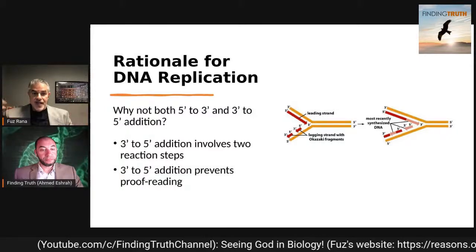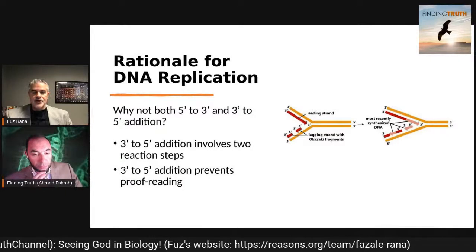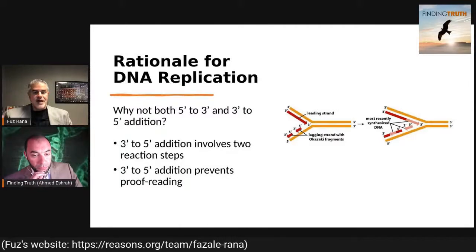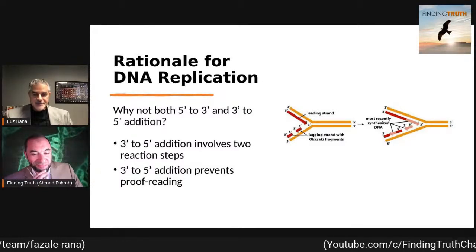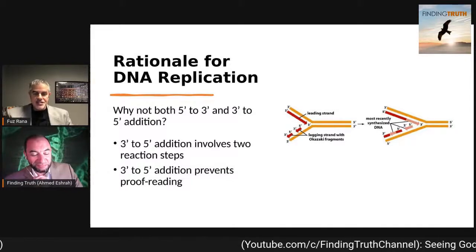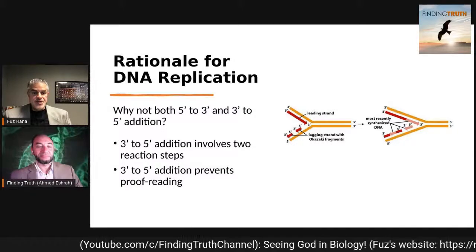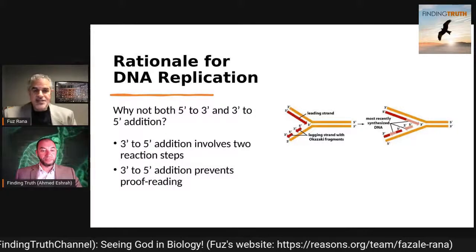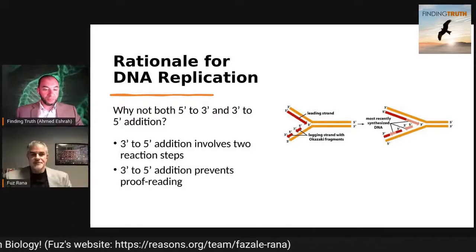At first glance, it may look like, why would a creator create something so cumbersome? But when you realize that there's actually a rationale behind all of this, you suddenly have a system that is probably the most efficient and the simplest way to do DNA replication.